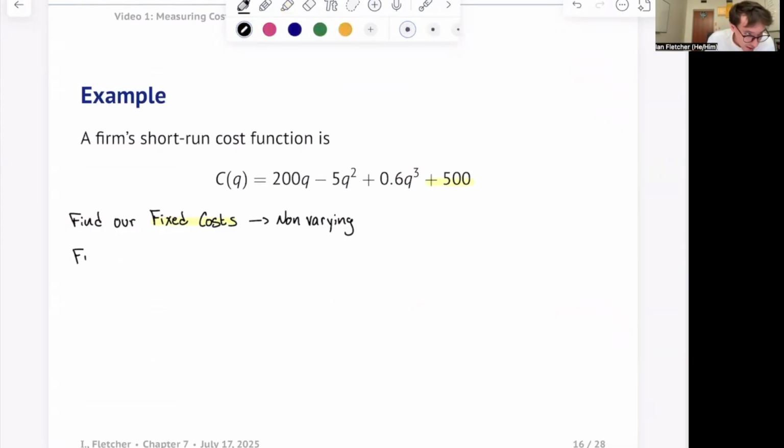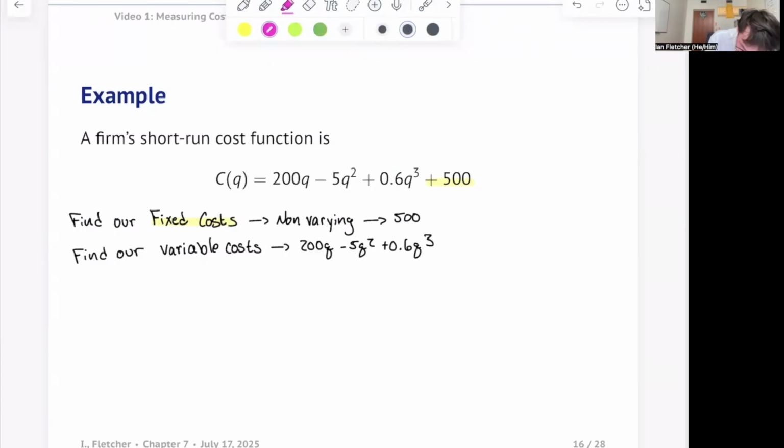Now, let's find our variable costs. And that is going to be the 200q minus 5q squared plus 0.6q cubed. And so our variable costs are going to be the things that vary.